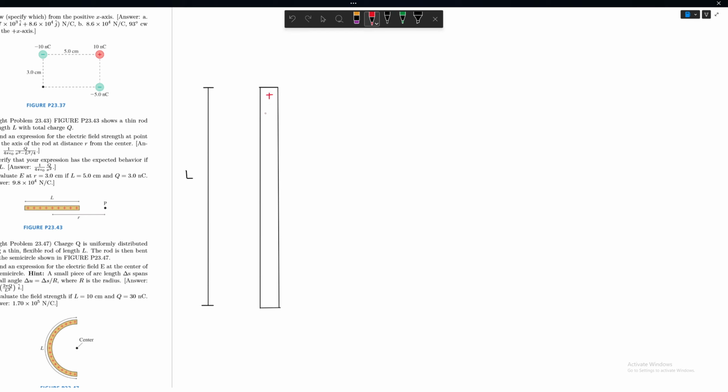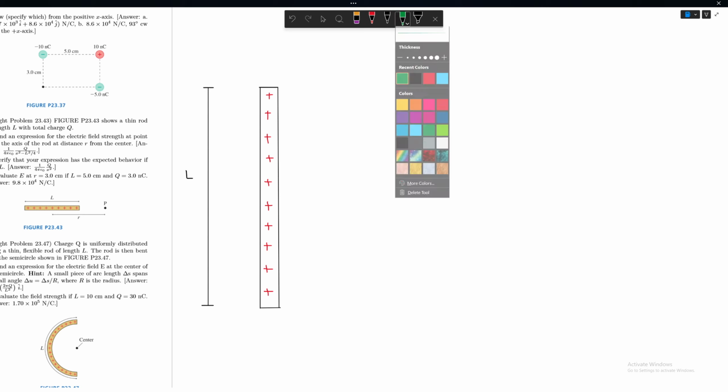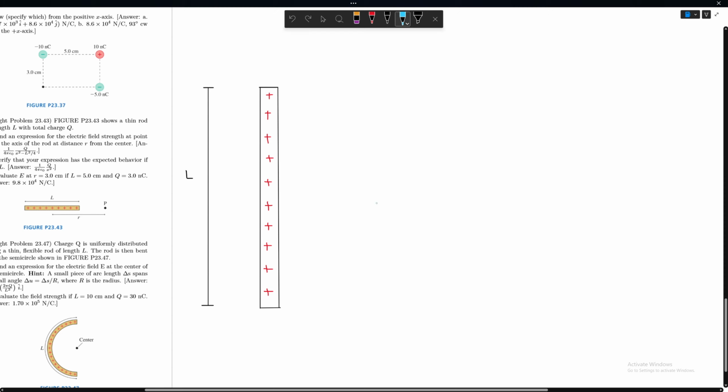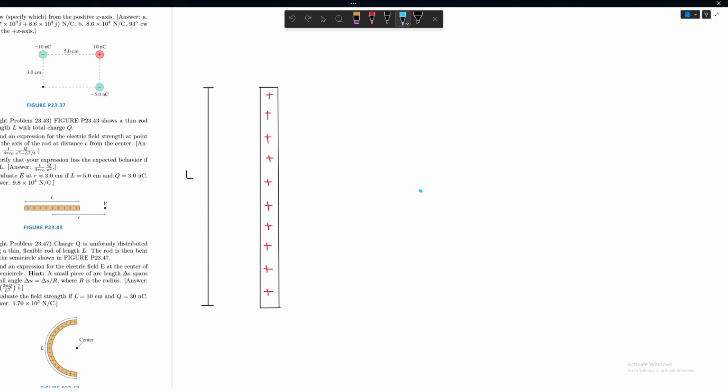So let's say I charge it all positively. Okay, and now I want the electric field right in the middle here. And this is some distance d away.